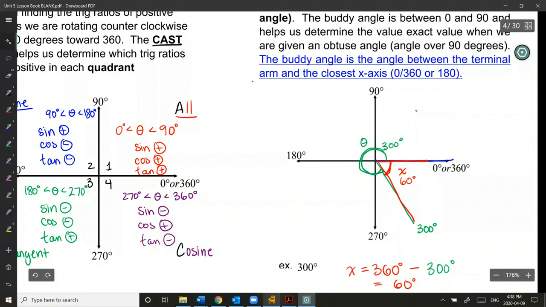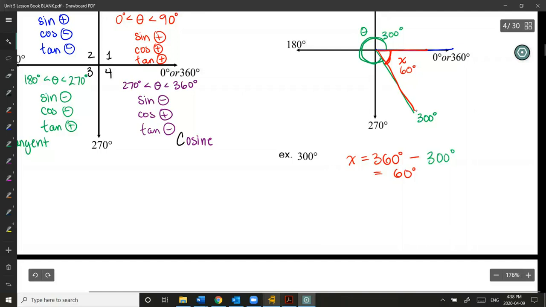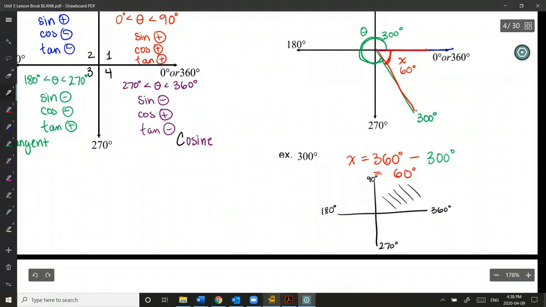It will be different in different quadrants. So I have a little summary for you here, and it's going to help you with finding reference angles. In each quadrant here, remember we don't need a reference angle in this quadrant, so that one is irrelevant.